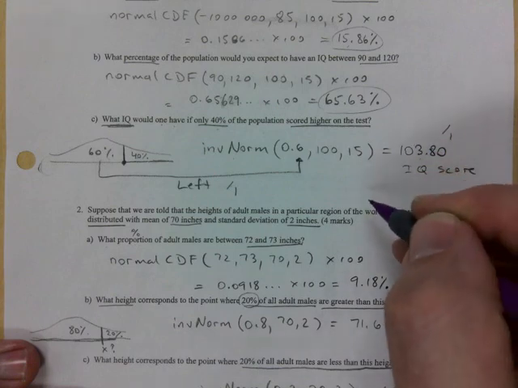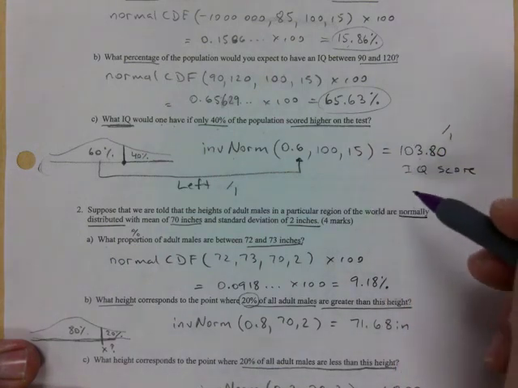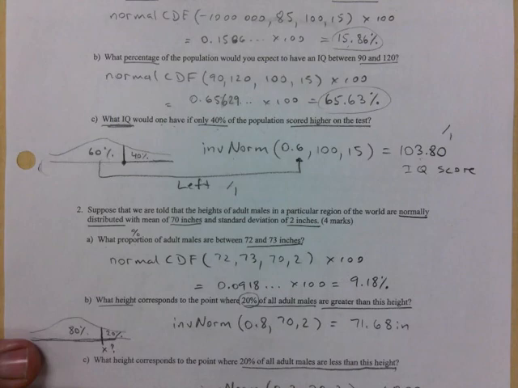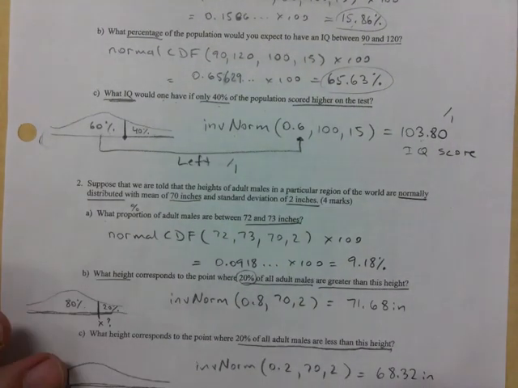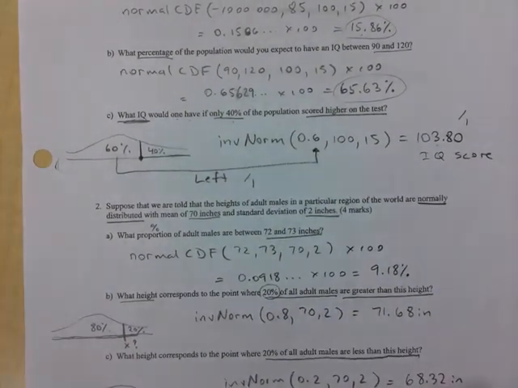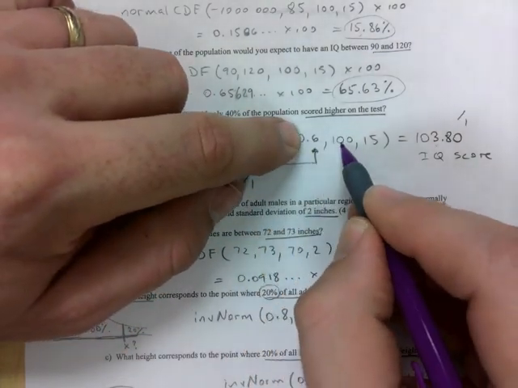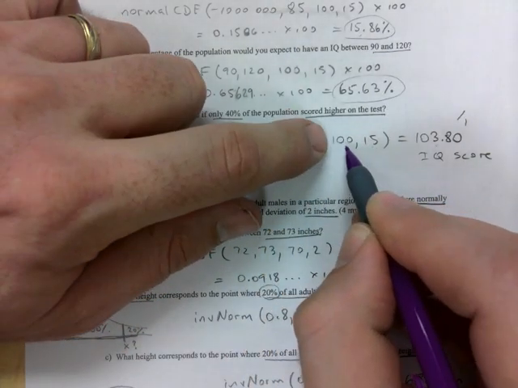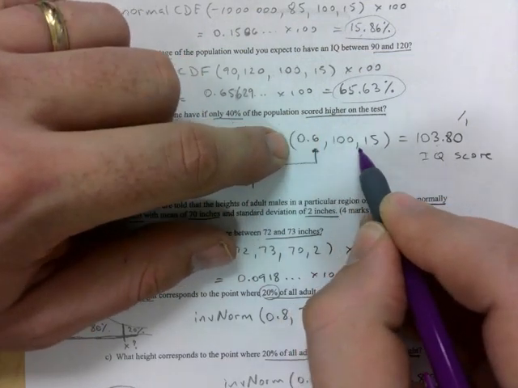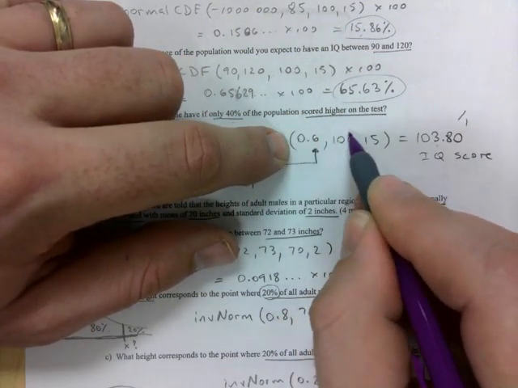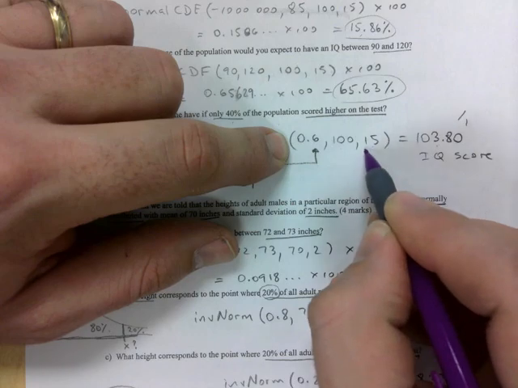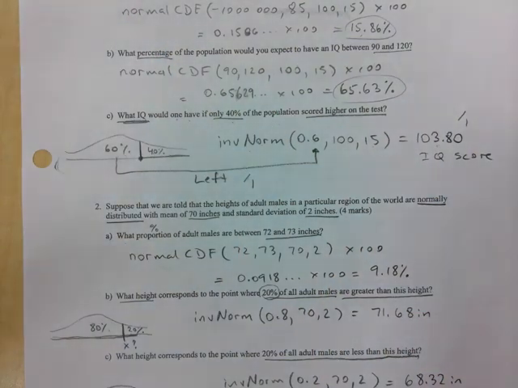And I don't want to write on here because if I just post a PDF, some folks might not look at the video and it might confuse them, why is that there? But you would simply go inverse norm 0.6, 0, and 1, because when it's the z-score, you know that the average is 0 and the standard deviation is 1. But you could also use the formula for z-score that I gave you. Either one of them would work in this case.